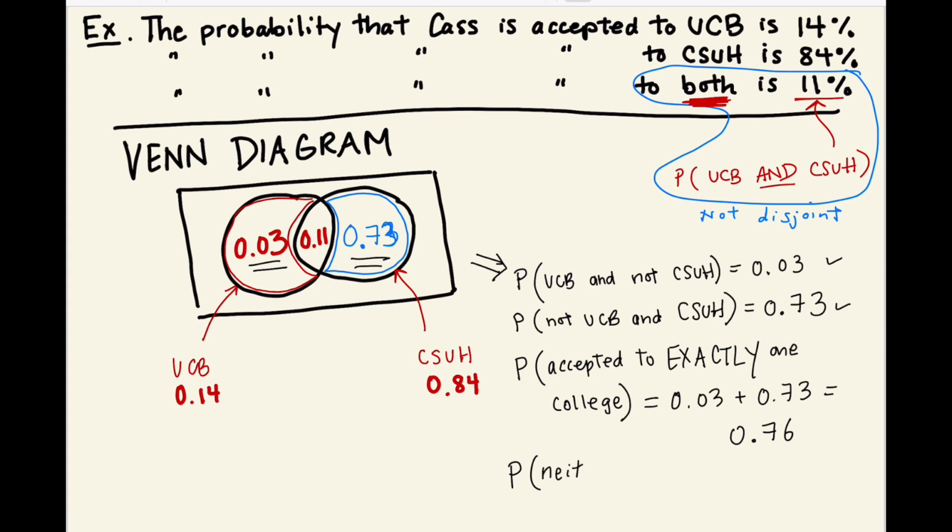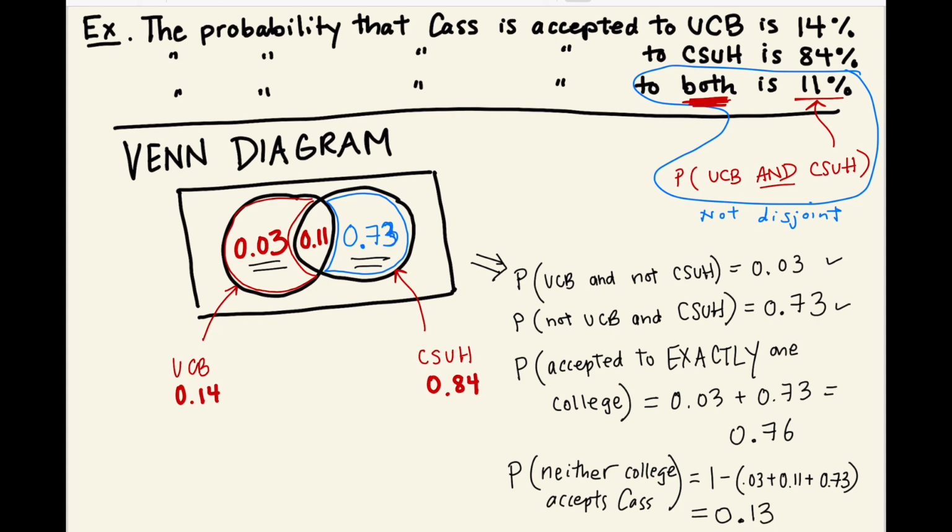And how about the probability of not being accepted to either college? So neither college accepts Cass. And that would just be the complement of these areas that we have here. So that would be 1 minus 0.03 plus 0.11 plus 0.73, which would be 0.13.